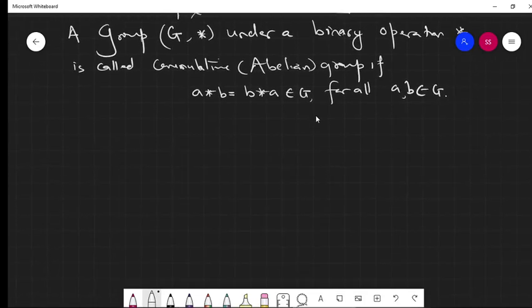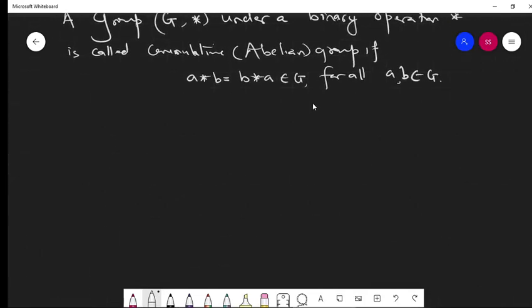Then let's move to the next part, that is about finite and infinite group.